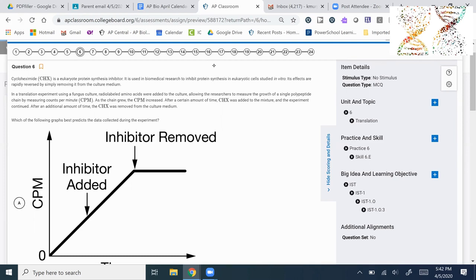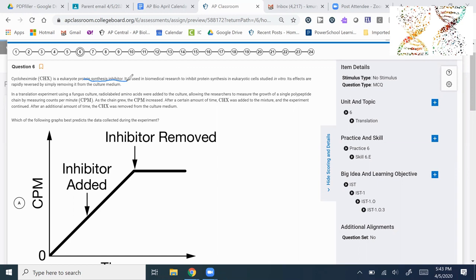By measuring counts per minute, as the chain grew, the CPM increased. After a certain amount of time, CHX, remember CHX up here, a protein synthesis inhibitor, was added to the mixture and the experiment continued. After an additional amount of time, CHX was removed from the culture medium.